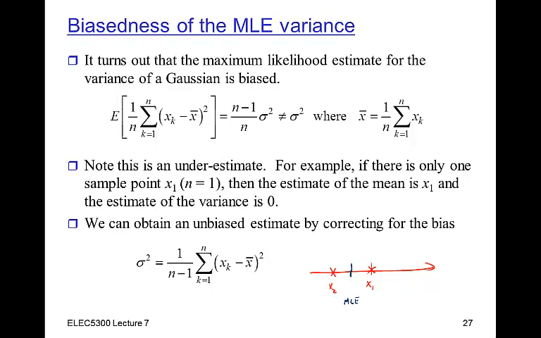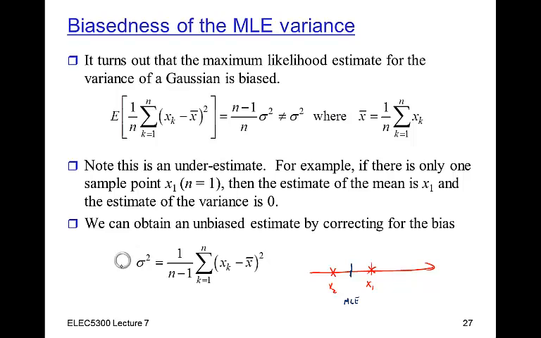And so this is especially significant for small values of n, right, 1 or 2, but gets less and less critical as n gets bigger and bigger, right? And in that case, n and n minus 1 don't differ by that much. For example, if we have 1,000,000 observations, it won't make that much difference. However, we can still correct for that bias by, instead of dividing by n, dividing by n minus 1.